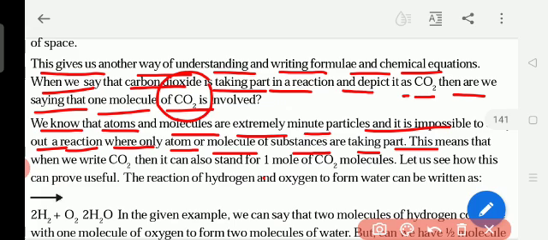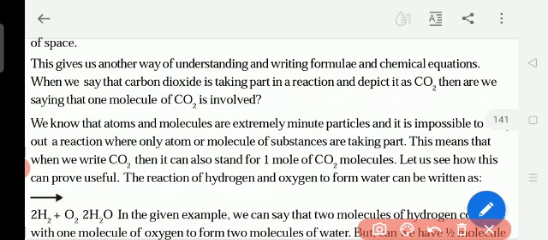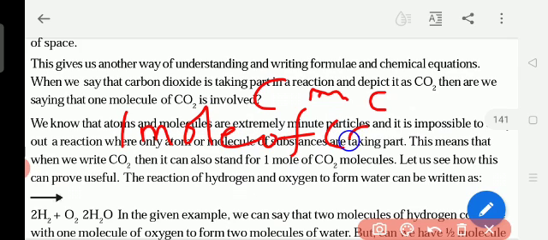This means that when we write CO2, it can also stand for 1 mole of CO2 molecules. If only carbon is there, if only an atom is there, we say 1 mole of carbon atoms.